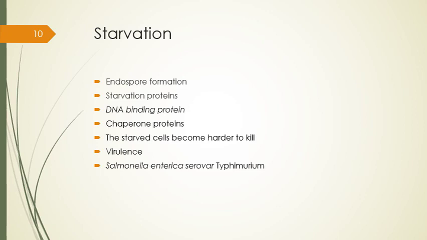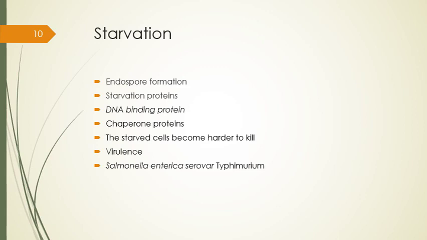Starving bacteria frequently produce a variety of starvation proteins, which make the cell much more resistant to damage in a variety of ways. They increase peptidoglycan cross-linking and cell wall strength. The DNA-binding proteins from starved cells protect the DNA.